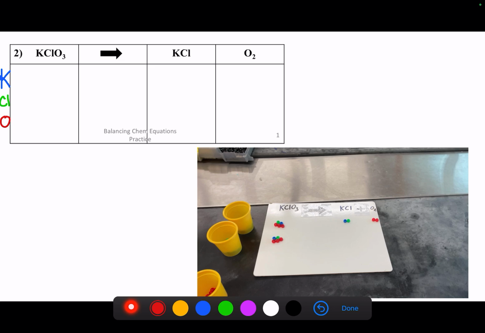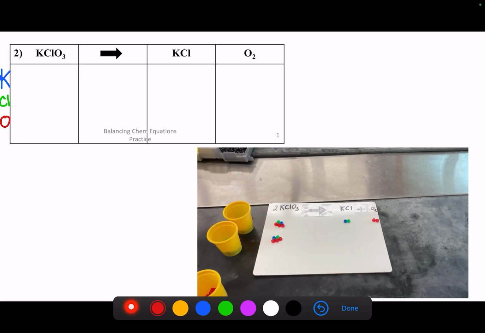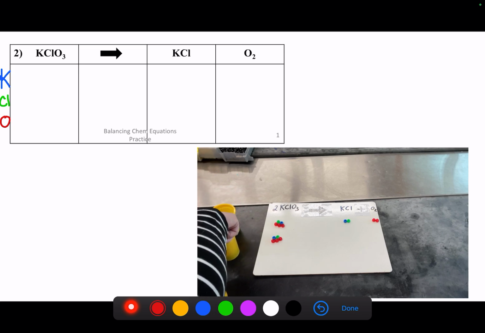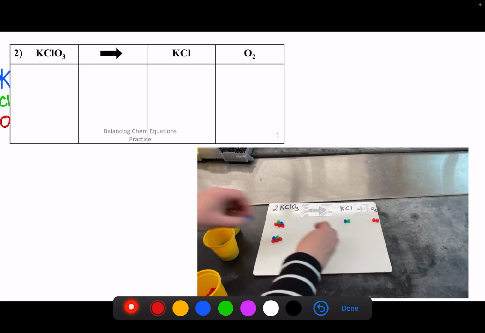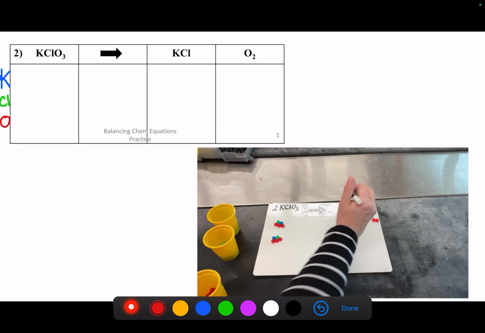So now I need to add a coefficient in the front, because I have 2 molecules of KClO3. Then looking at this, I need to balance the other side. Since I made 2 of them, that means I now need to have 2 KCl's. So I build another one and I add a coefficient.